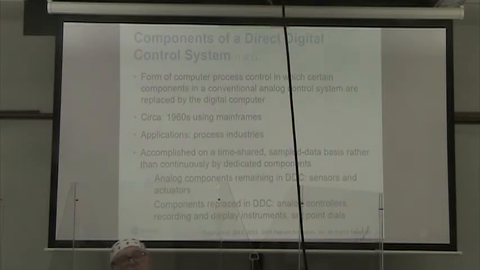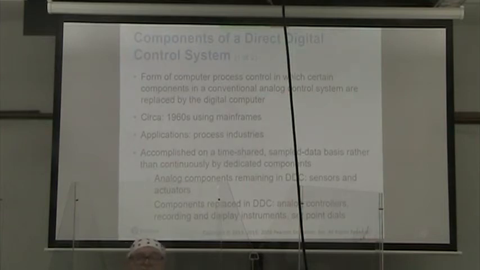All right, so in a direct digital control system, we have replaced parts of the system that would have been conventional analog control with digital computers, right? So in the 1960s, they were using mainframes for this. This was used in process industries.